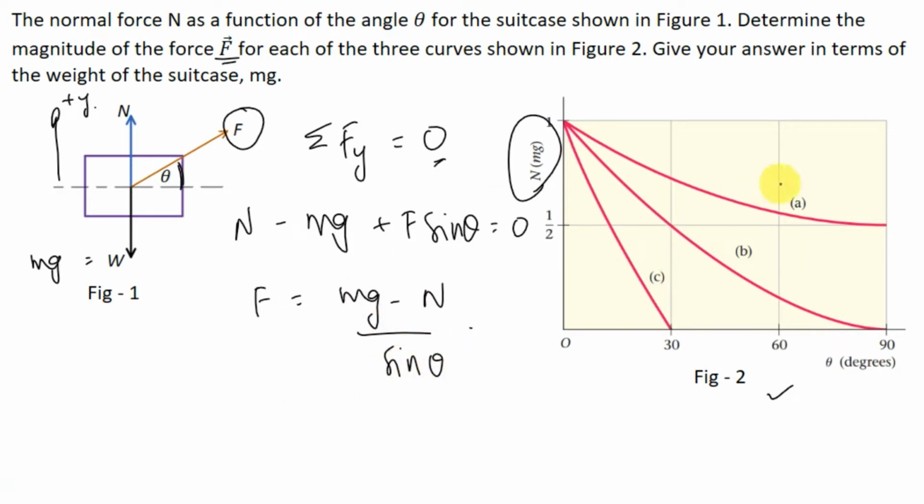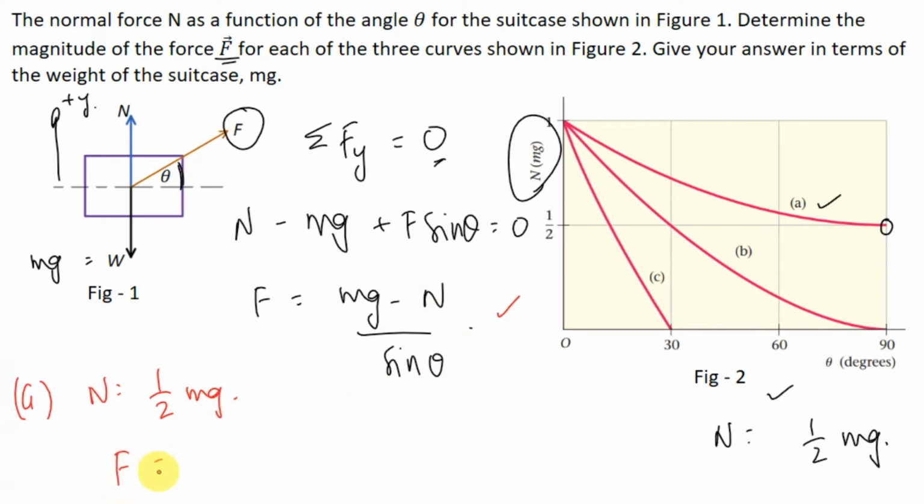Now if you see curve A, when theta is 90 degrees, the value of N is half of mg. Here we see that when theta becomes 90 degrees for this curve, the value of N is half of mg. So N is 1 over 2 mg. So I'm solving case A now. When N equals 1 over 2 mg, we can put the values in this equation.